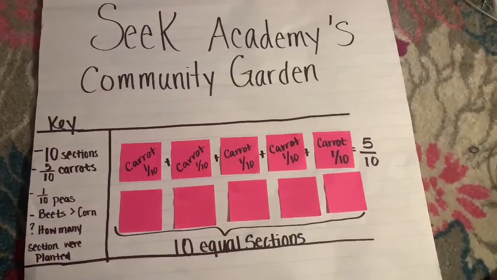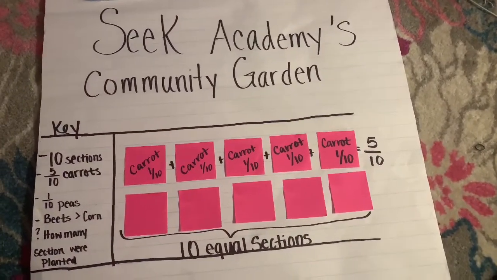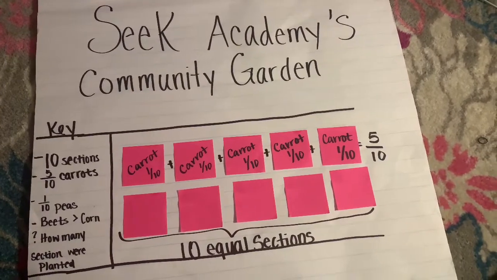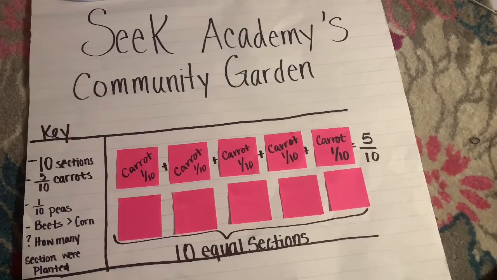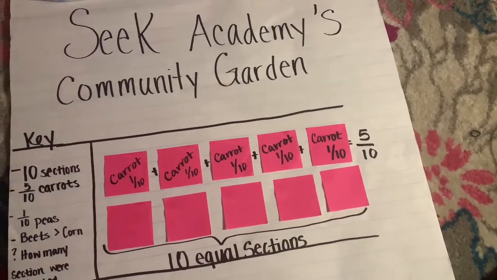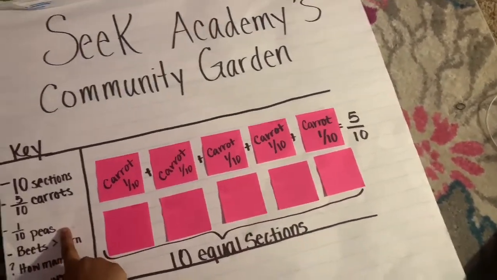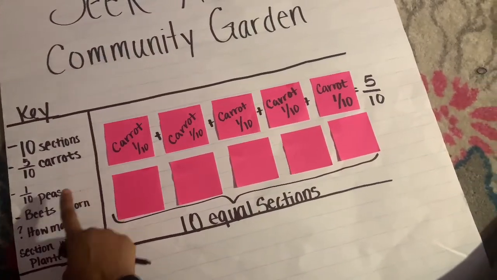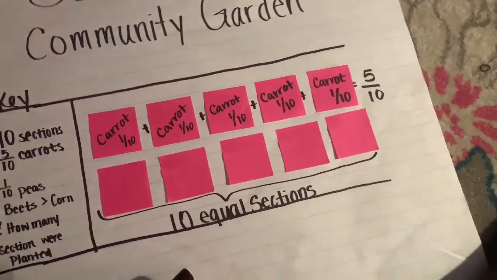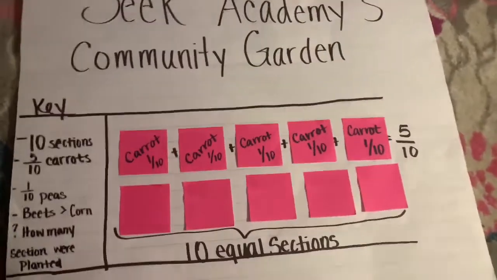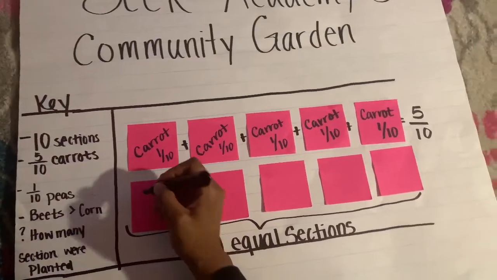Now that I know I have 5/10 of my garden that is carrots, I need to plant my peas. I only have 1/10 of peas. This is my kind of garden. I'm not a big fan of peas. So I'm going to plant my peas right now by writing peas in my box.